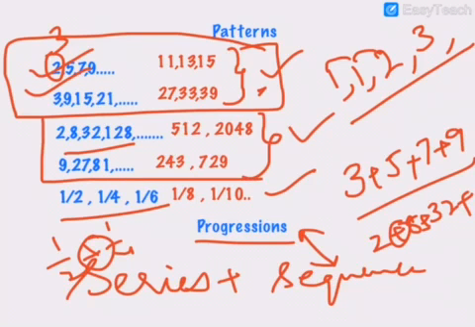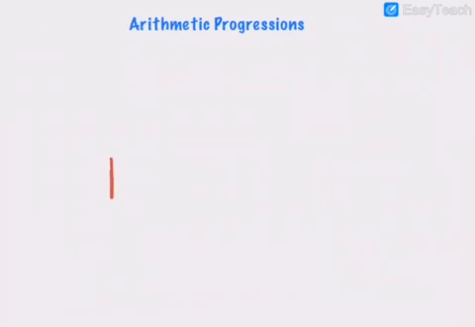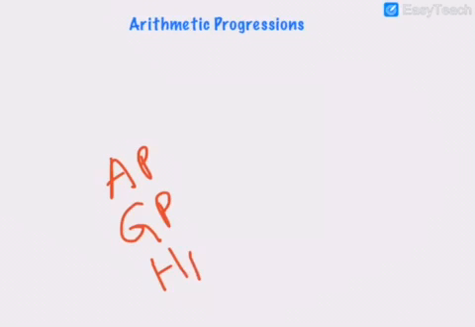Similarly, here we are getting by multiplication and we call them geometric progressions, because we get the next number by multiplying. And here in the denominator you are adding, and this one we call a harmonic progression. Generally we refer to them as arithmetic progressions, geometric progressions and harmonic progressions.